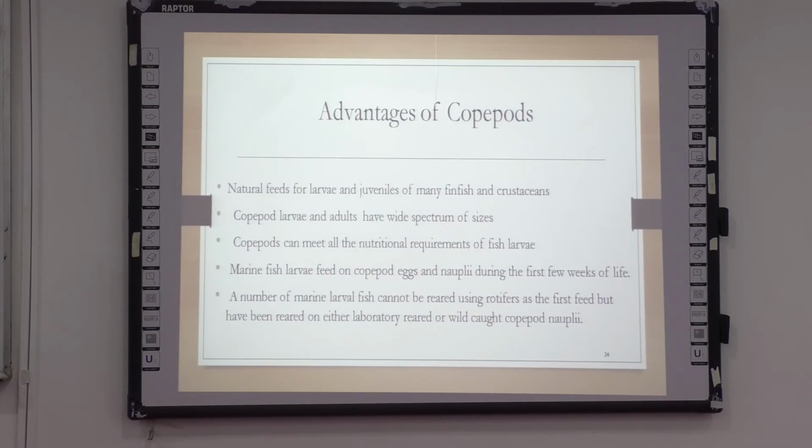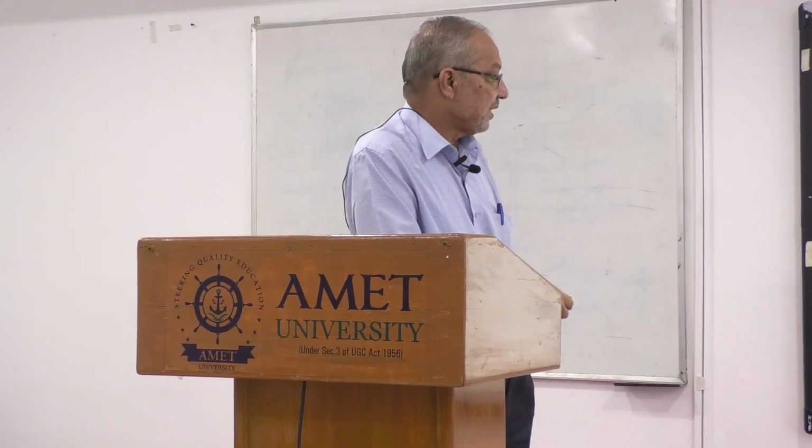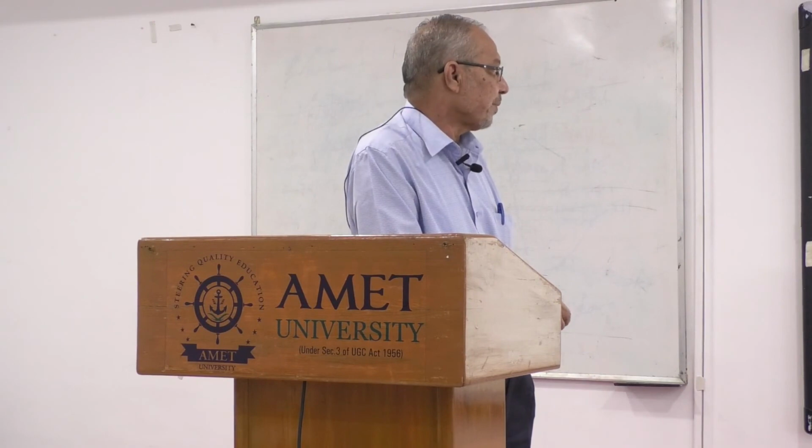Because rotifers and Artemia are readily available, we are using them. We have not developed a technology for the production of copepods. It is the need of the hour, and as I said again, it is a natural feed for the larvae and juveniles of many fishes and crustaceans.